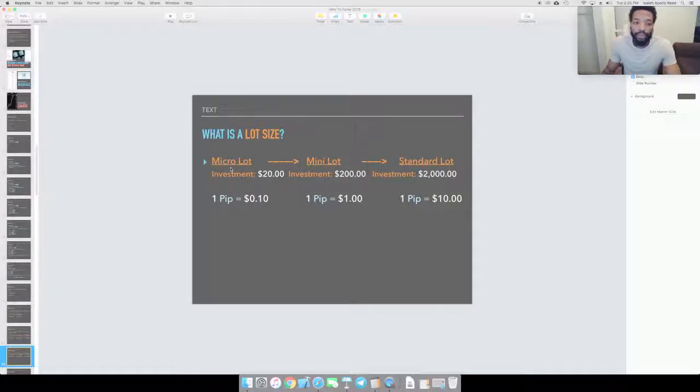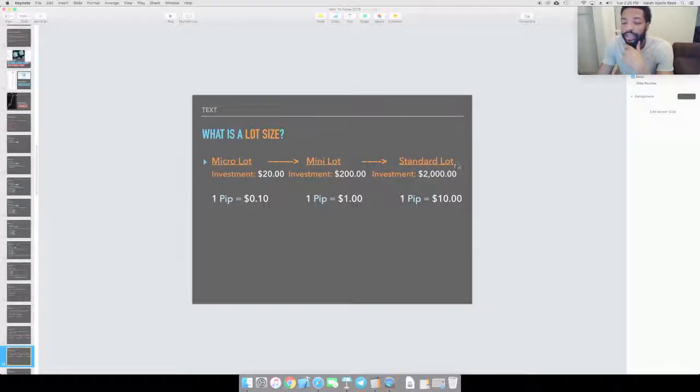You want to build from a micro lot size. Start off with a penny per pip, 10 cents per pip, and 20 cents per pip, and then keep going up. Build into a mini lot size. Do $1 per pip, or $2 per pip, and then go into the standard lot sizes.